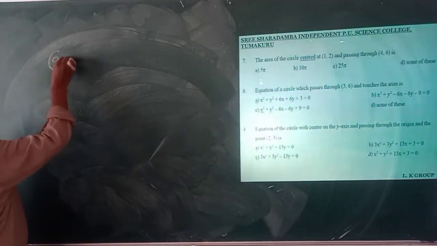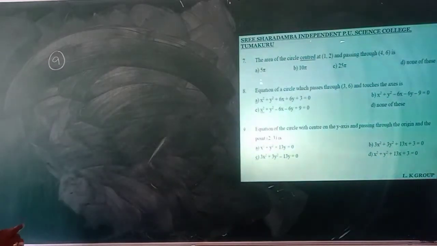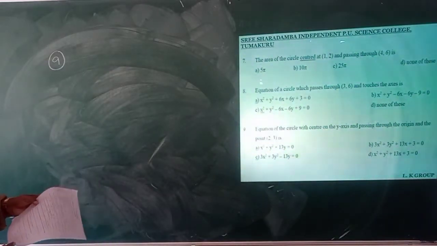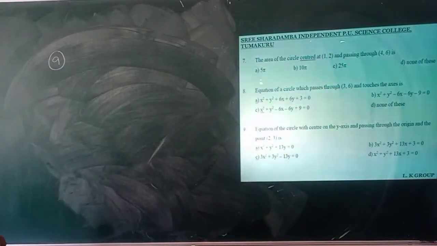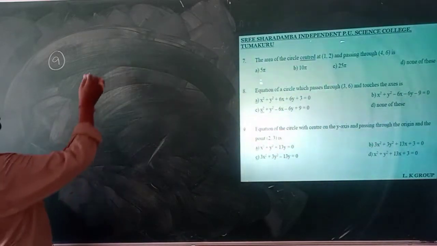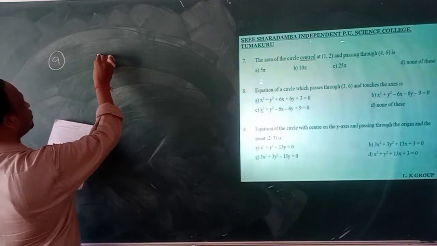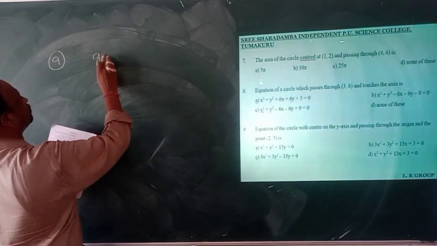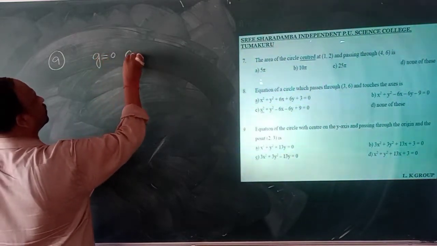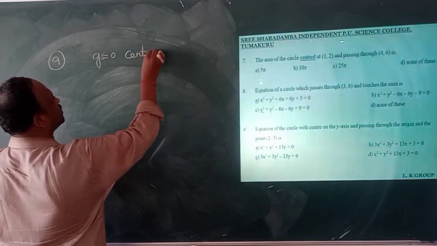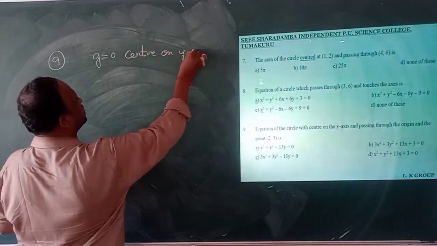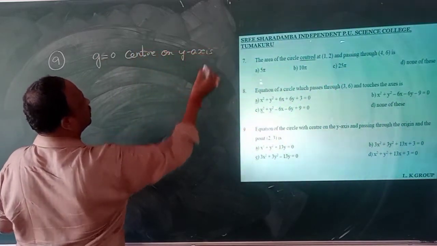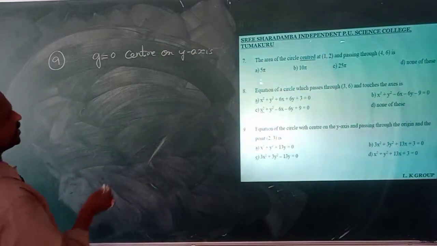Take question number 9. Equation of circle with center on y-axis. Center on y-axis nothing but g is equal to 0. And then passing through origin.